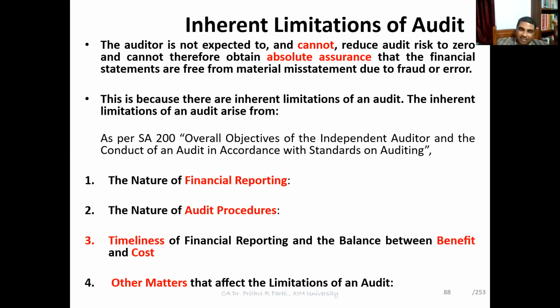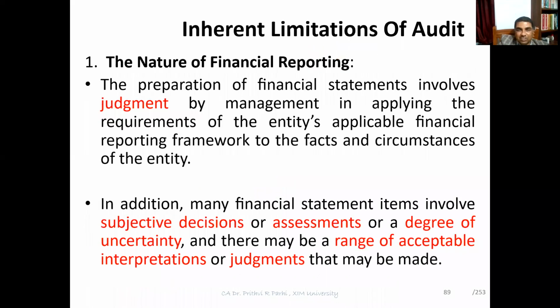So that consideration of time and cost also contributes towards inherent limitations of audit. There are other matters also, like the possibility of error and fraud, which also affect the limitations of audit. So these are the 4 sources highlighted in SA 200 which contribute towards limitations of audit. One by one, we'll discuss all of them.